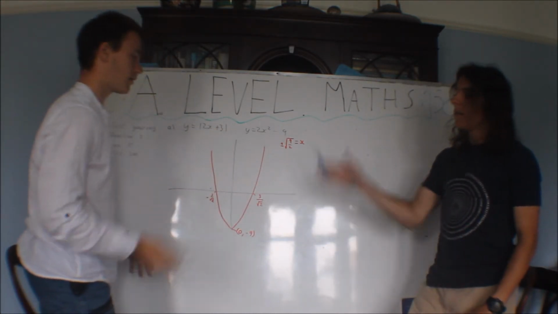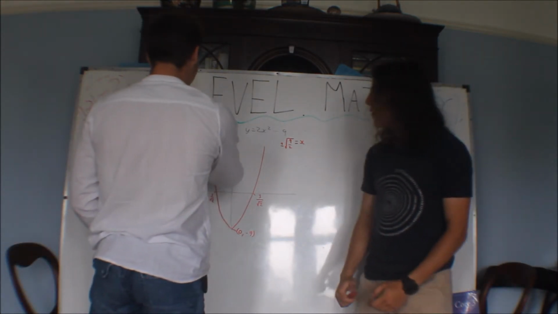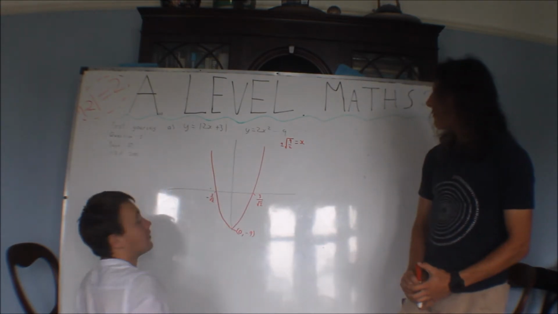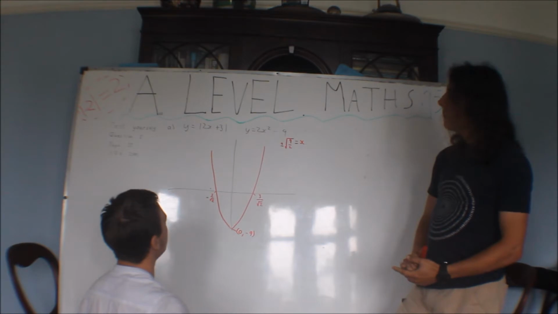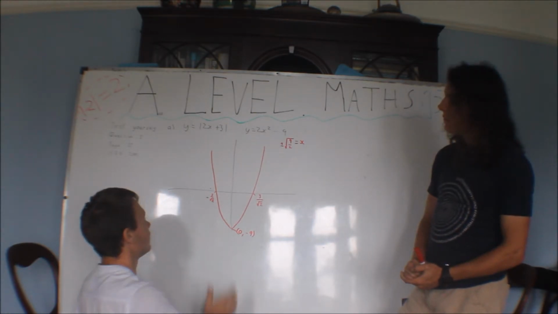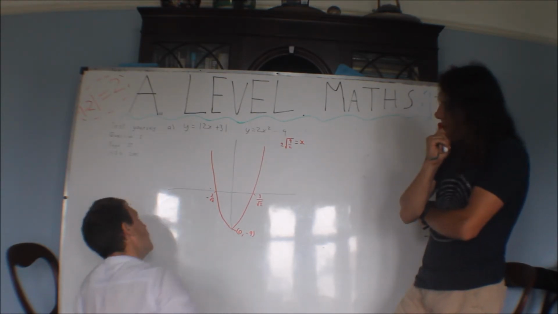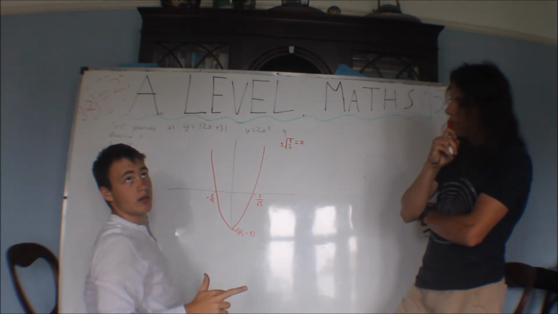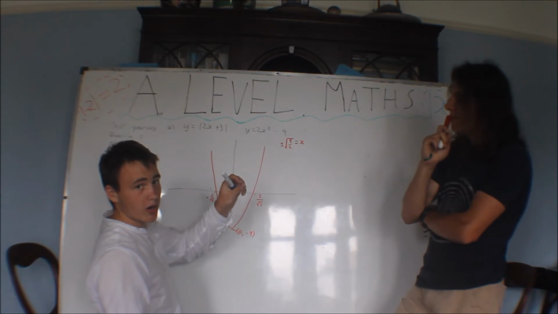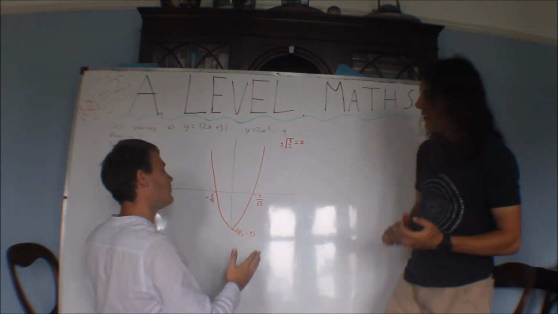Swap pens. Okay. Now we have the next graph. Now minus 3 over 2 is where it's going to touch the x-axis. And is that smaller or bigger than minus 3 over root 2? You've got to think, root 2 is smaller than 2, so if you divide by a smaller number, you get a bigger number, so it's a bigger negative number.